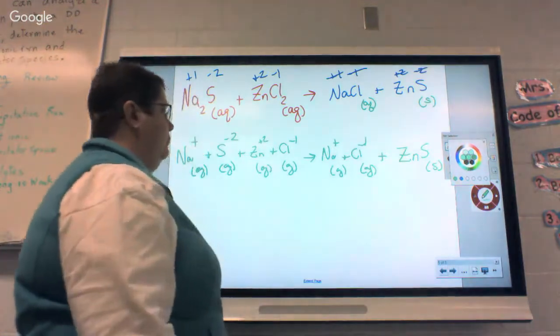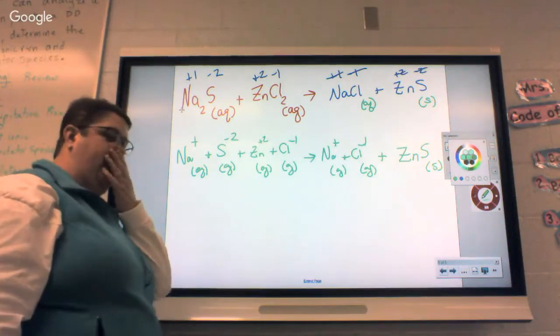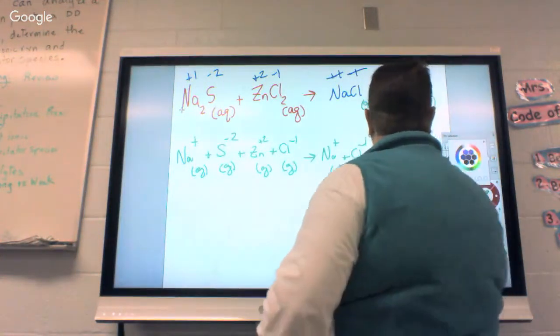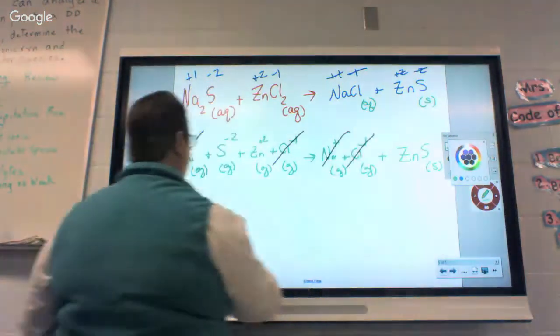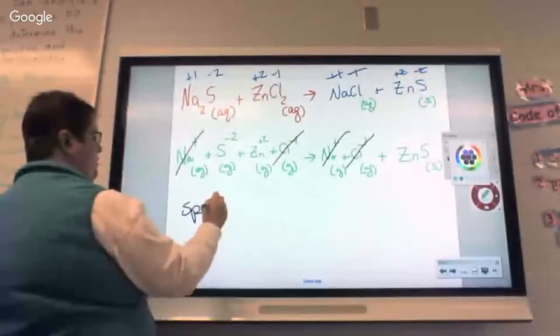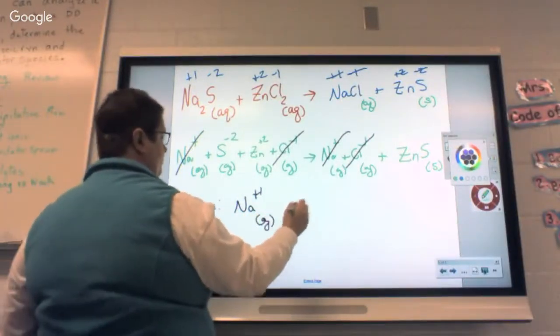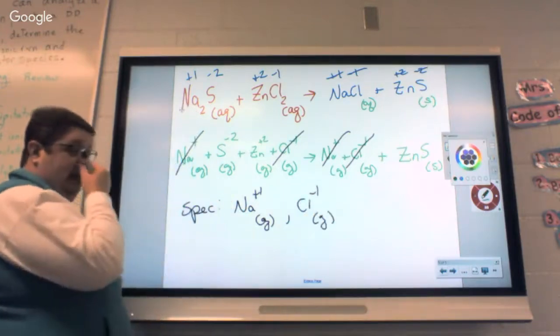All right, so what are we going to do to figure out the last two steps? Have you already done them? Okay, so who are my spectators? Spectators are Na+1 aqueous, Cl-1 aqueous. Make sure you put states and the oxidation numbers.